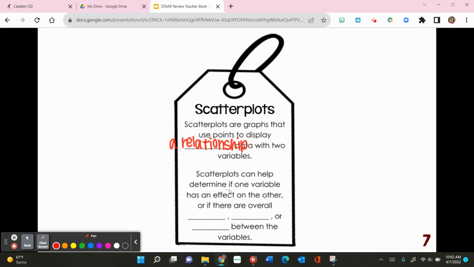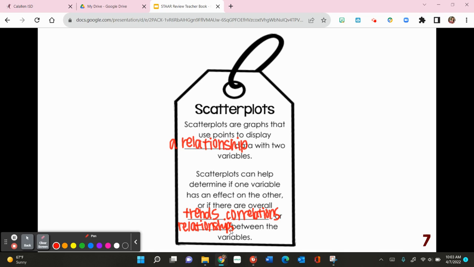So Scatterplots can help determine if one variable has an effect on the other, or if there are overall trends, correlations, or relationships between the variables. So again, we are plotting both our x and y values, and we're trying to determine if there is a relationship between our x variable and our y variable.